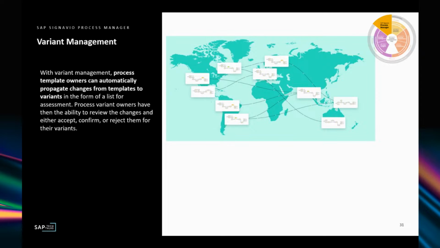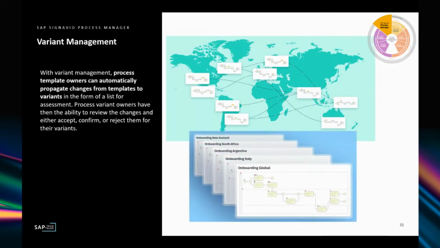In the latest release, SAP Signavio Process Manager provided SAP variant management. With variant management, process template owners can automatically propagate changes from templates to variants. You can create one template for your business process, and then if you have localization in different countries, you can create your new model based on the template.